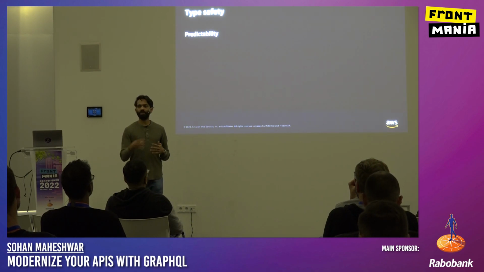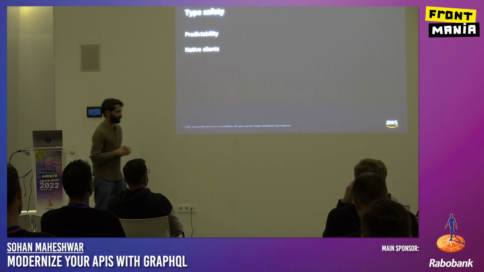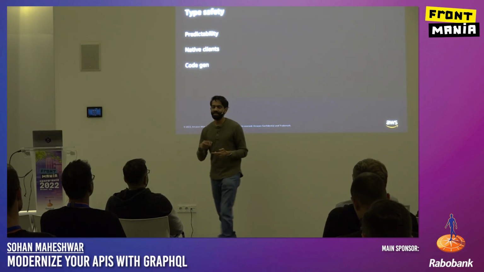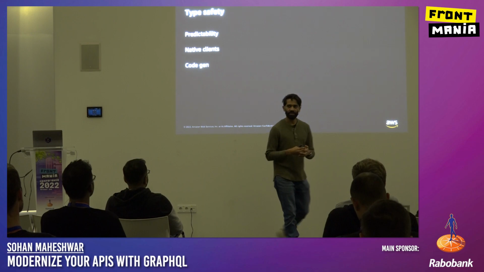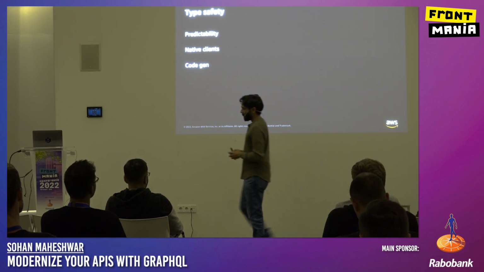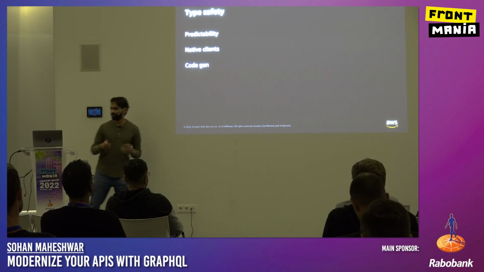So I could plug into pretty much any data store that's GraphQL compliant and get that. This means that it works really well with things like native clients. You can actually generate code for GraphQL. So if you're doing something like Objective-C or Android or whatever, it'll actually generate code for it, and it works really well with native clients too.